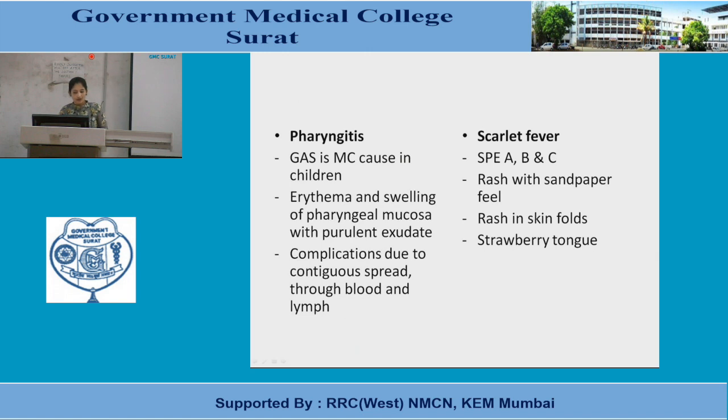Complications occur due to continuous spread through blood and lymph. Scarlet fever is produced by streptococcal pyrogenic exotoxin A, B and C. It produces a sandpaper rash, a rash in the skin folds, and strawberry tongue.